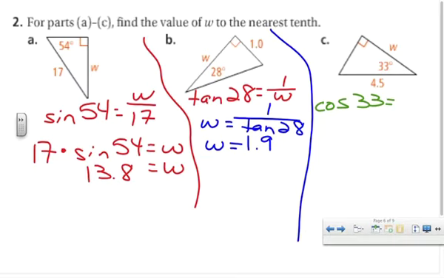W over 4.5. Am I having to switch anything across a diagonal here? No, W is nice and pretty on the top, so 4.5 times the cosine of 33 will give me the value of W.